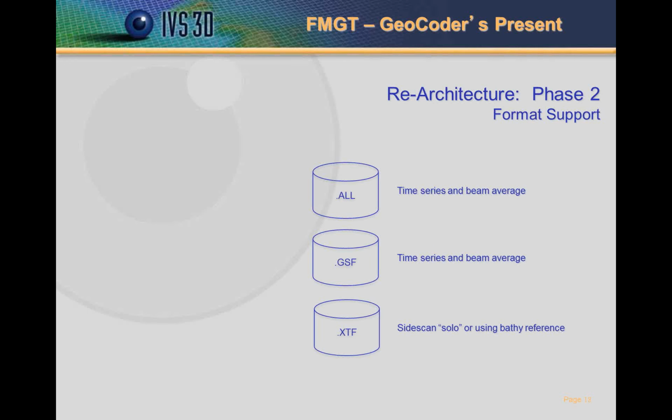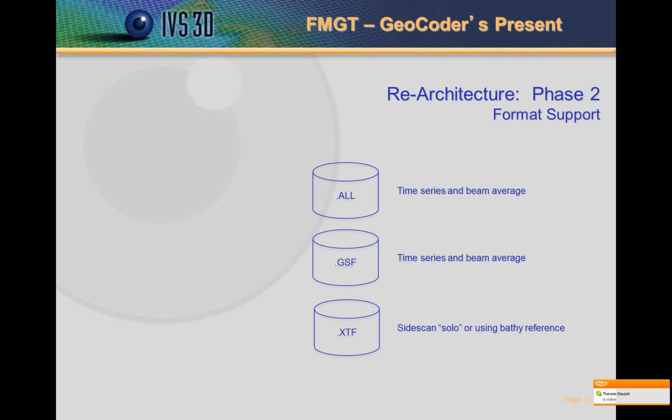Now for format support, the other thing we did is we simplified the different pathways through Geocoder. These are the primary pathways we support. .all files for time series and beam average, because .all files contain both backscatter and bathymetric solutions.